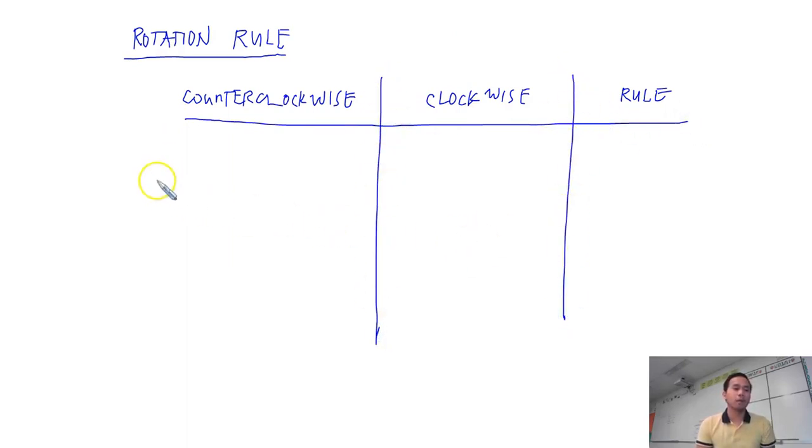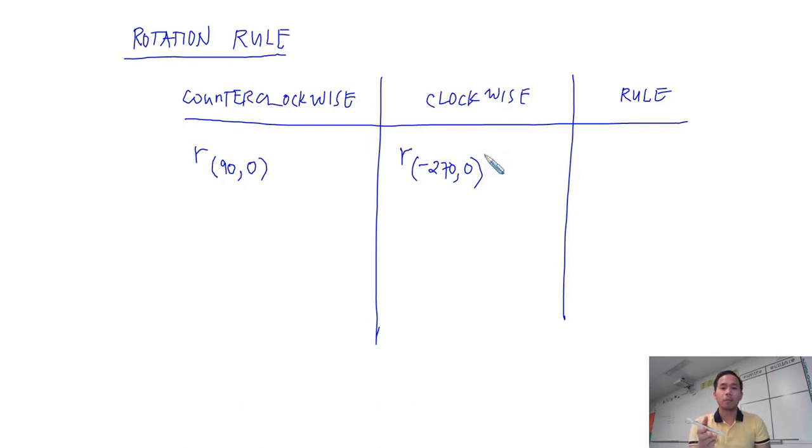All right, first one: if you're rotating the point or the object 90 degrees about the origin, this is O, not 0, it is the same process as rotating the image negative 270 degrees around the origin. The negative there doesn't mean it's the angle measure, but it symbolizes that the movement is clockwise.